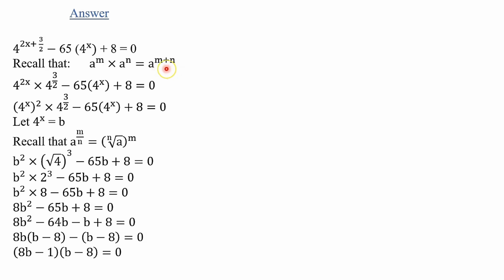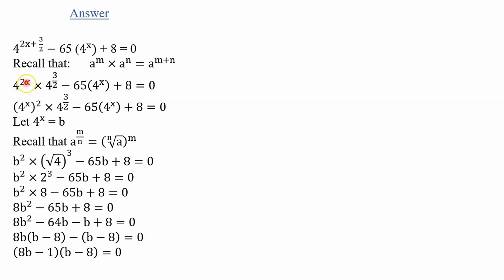So with our understanding, the question says 4 to the power of 2x plus 3 all over 2, which implies that the base here is 4 and the bases are the same. Since the bases are the same, you pick one of the 4s, then you sum the powers.